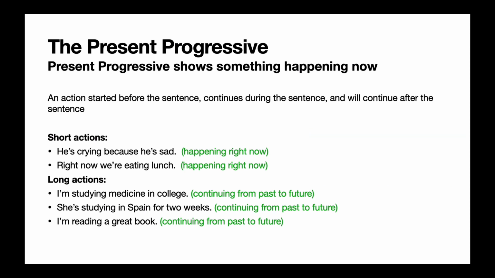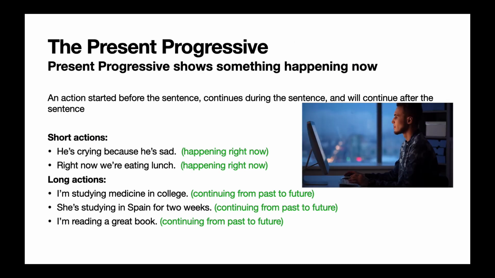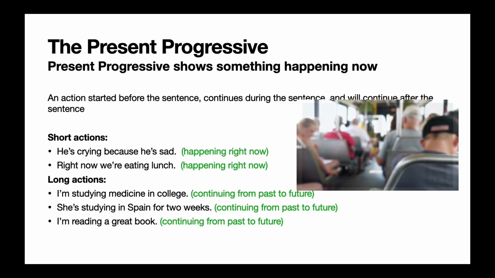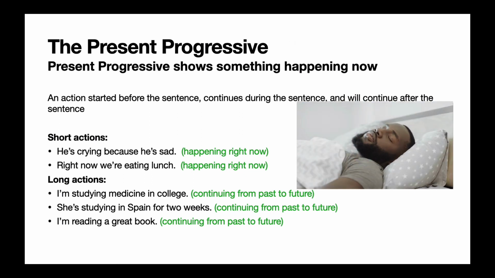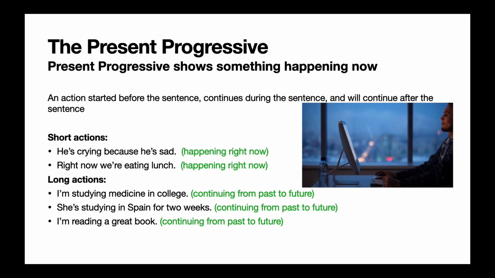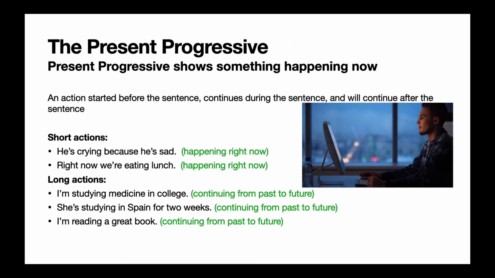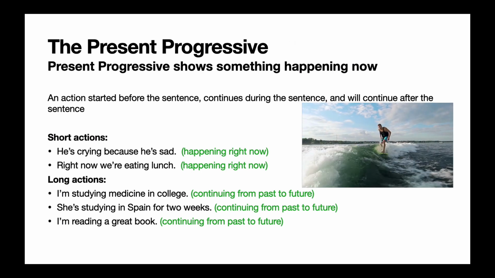Then there are the longer actions. Like in the example, I'm studying medicine in college. Maybe I'm not studying right this moment. I don't have a book in front of me, but I started a year or two ago. That's in the past. I'm doing it regularly these days and will continue to do it in the future.